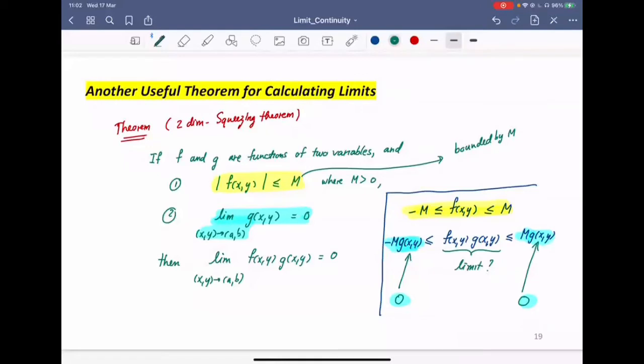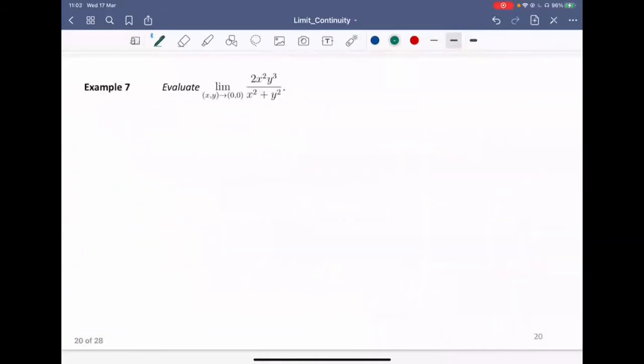You need the whole domain, or at least the points near (0, 0). But the theorem that we're going to apply is used for the whole domain, so you will see in the example. Let's do example 7 first, and then I will come back to your question.